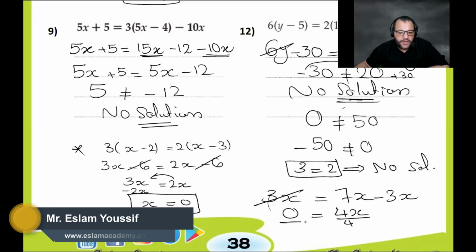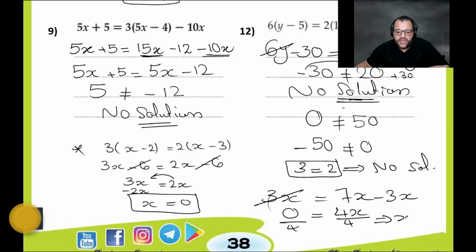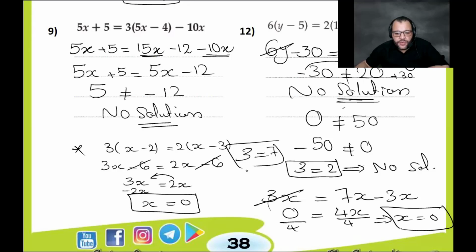Now you can divide by 4, so we can say that x is equal to 0. But when you find 3 equals 7, in this case you can say that there is no solution. When you have two numbers that are different, there is no solution. But if you have a variable, you can shift them together and solve the equation.